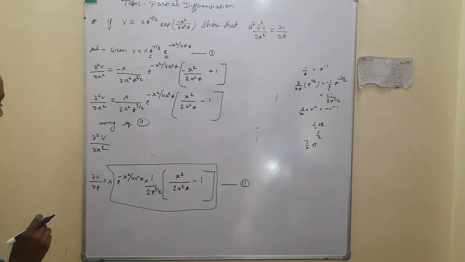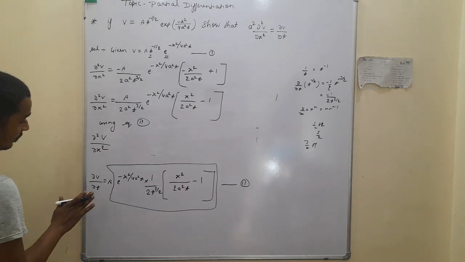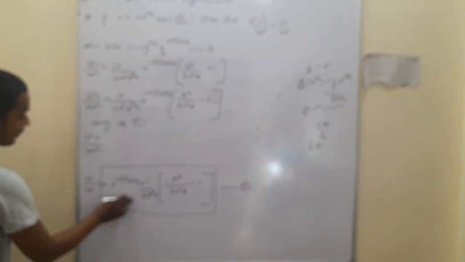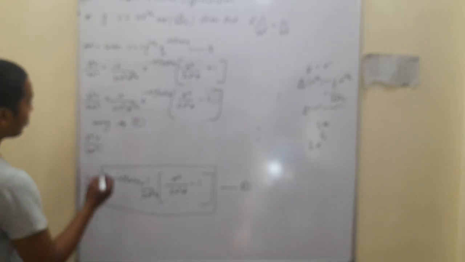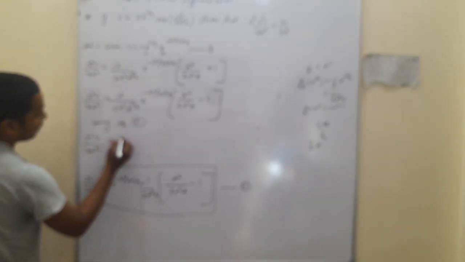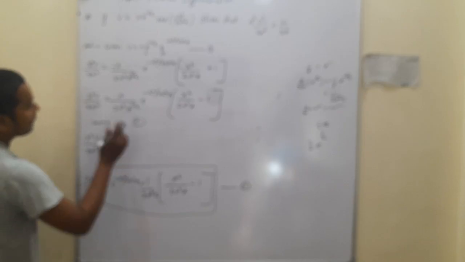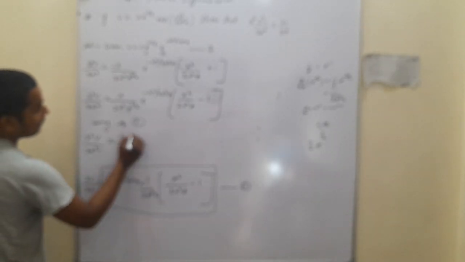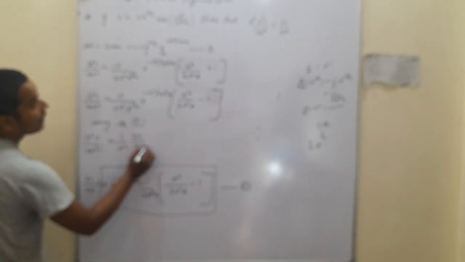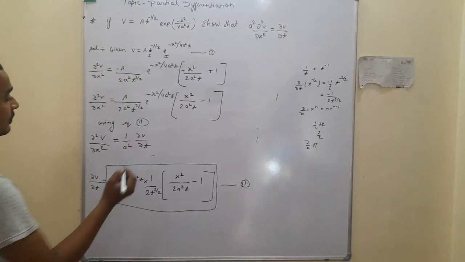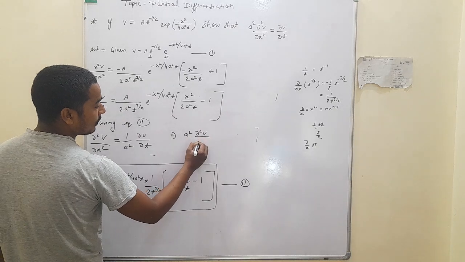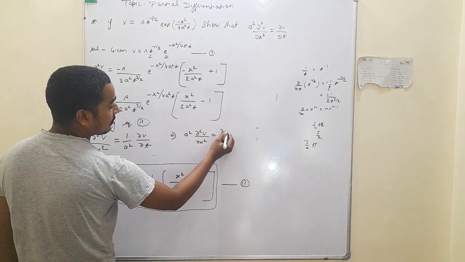Once again a is also present here, and in place of this function we put del v upon del t, with the remaining 1 upon a square. In this portion we put the value from equation 2, del v upon del t. And we can also write this as a square into del 2v upon del x square is equal to del v upon del t.